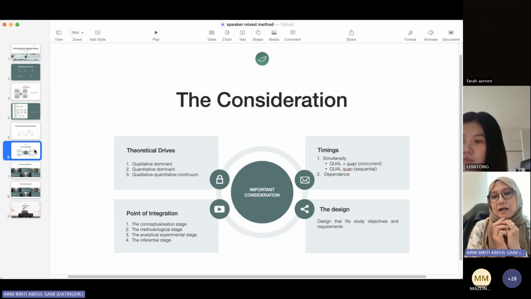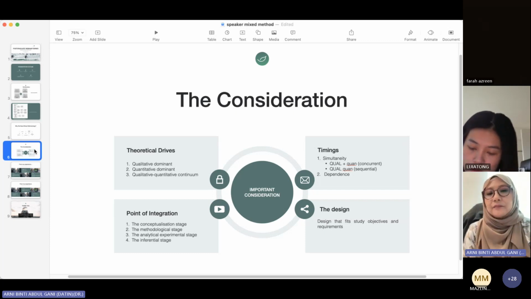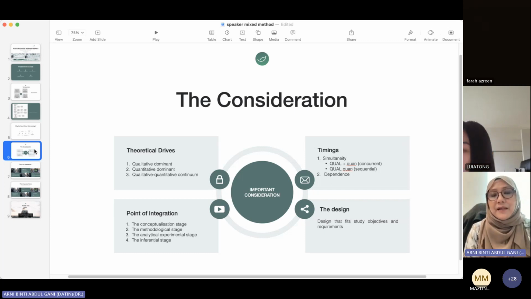So you have to consider whether you are going to be qual quant or qual plus quant, whichever fits what you're going to study. The second thing about timings is dependence. There are two options here also. Are you independent or dependent?